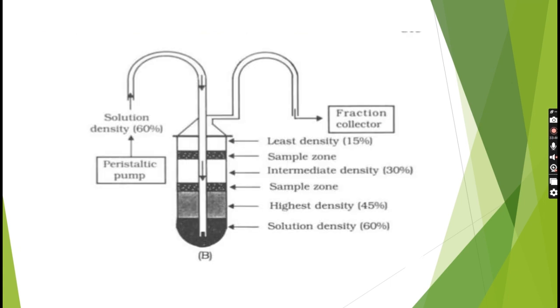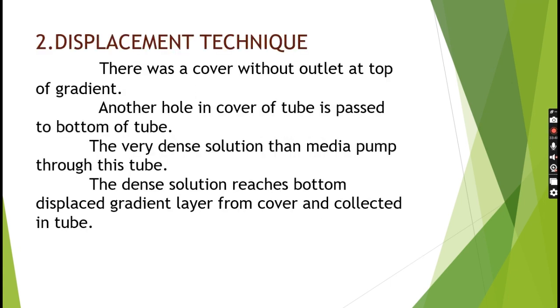In the displacement technique, as the name itself suggests, each cell component with its gradient is displaced by this technique. In the puncturing technique, no other component is disturbed, and the component is separated by puncturing at the test tube bottom and separated manually, which is a tedious process.